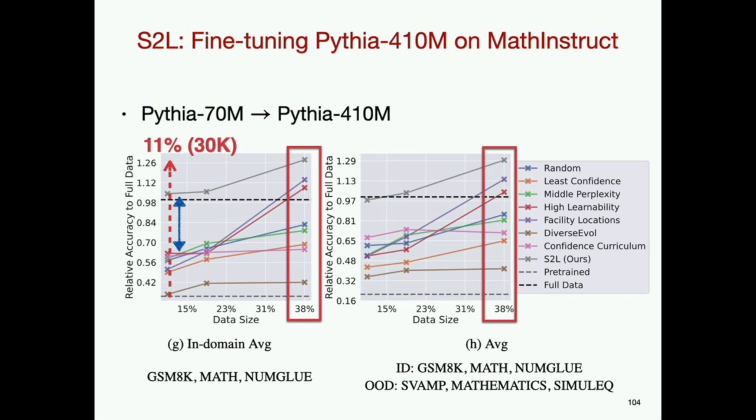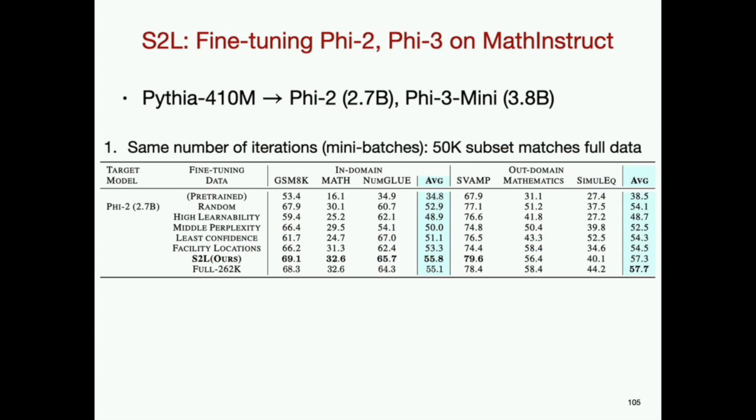So notice that as we increase the size of the data, the baselines also do better. They cannot do well in the small data regime. They do much better in the larger data regime. But the good news is that we are doing much better than training on the full data, which is really nice. OK.